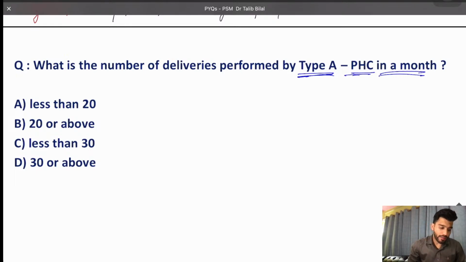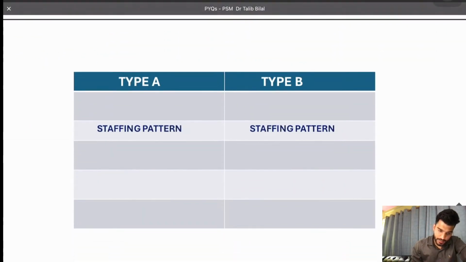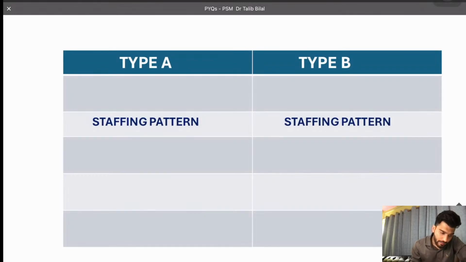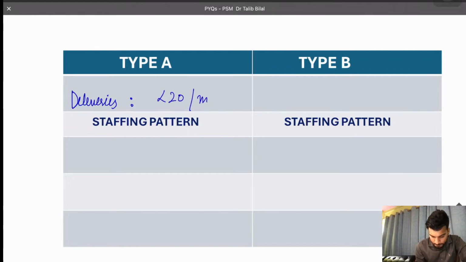Yes, so let me discuss, guys, type A and type B. If I talk about type A, excellent, we have less than 20 deliveries per month. If I talk about type B, we have more than 20 per month.